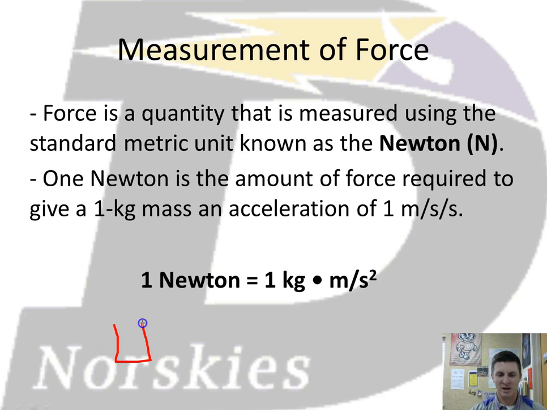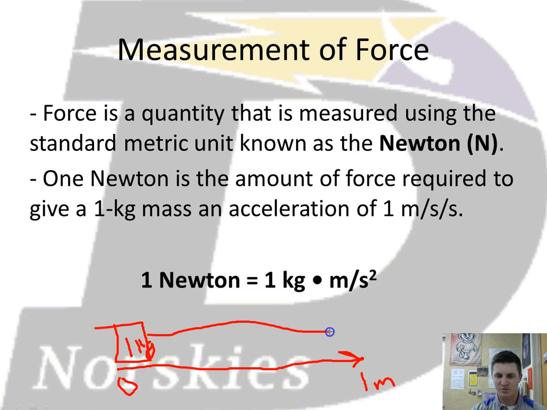Let's say this is a mass and it's 1 kilogram here, and it moves this way, and from here this would be 0, and I apologize for the scribbles here, but this would then be 1 meter. If this object moves this far in 1 second of time, that would be equivalent.